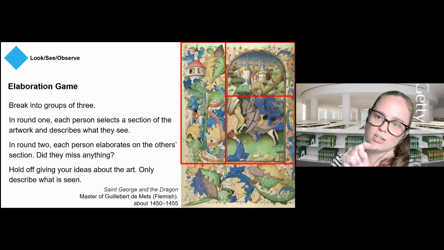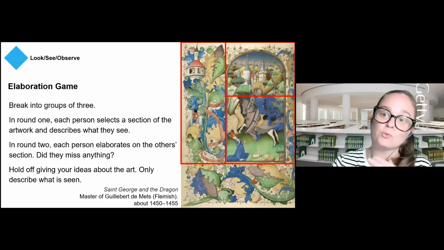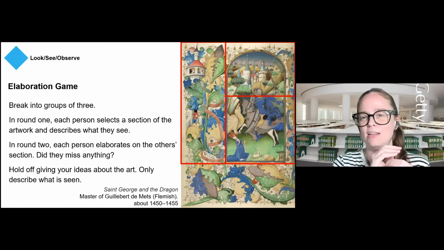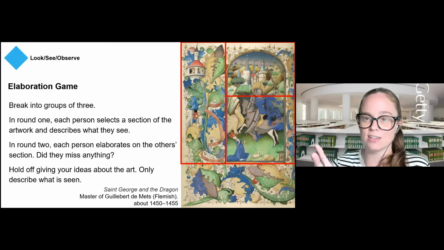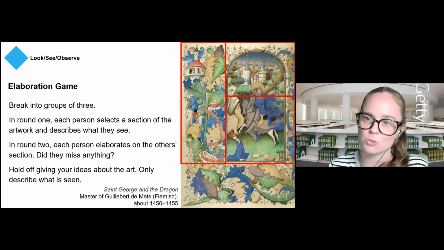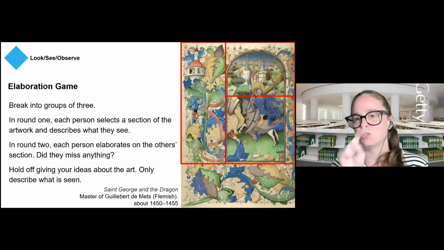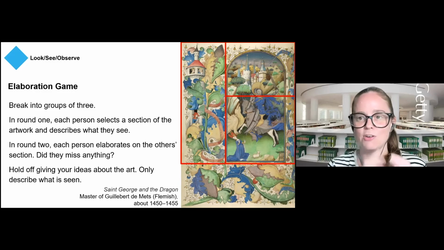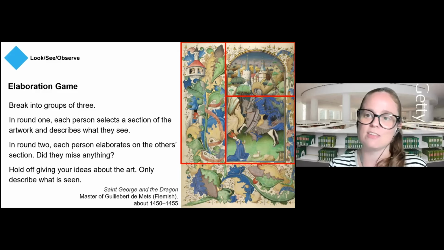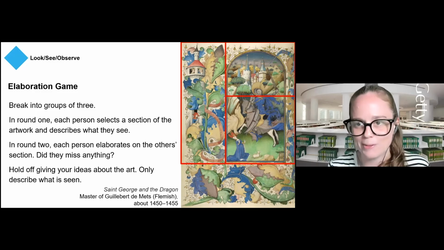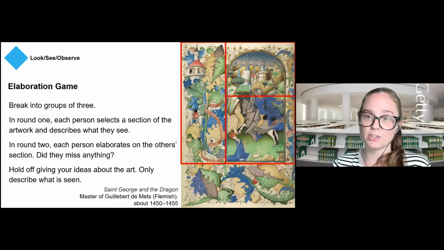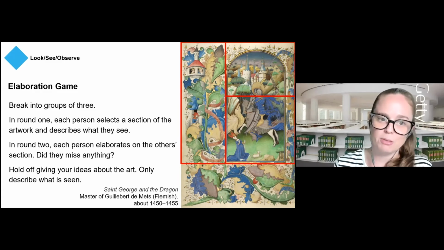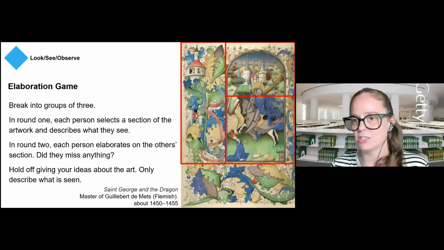Then you would go through round 2, and each person would pick a different section and elaborate, because maybe the first person missed something. You would just keep going until you think you have an exhaustive list of everything and haven't missed any part. During this process, you would not give your opinions. You would only describe what you see to each other.